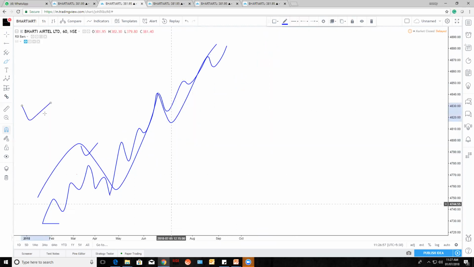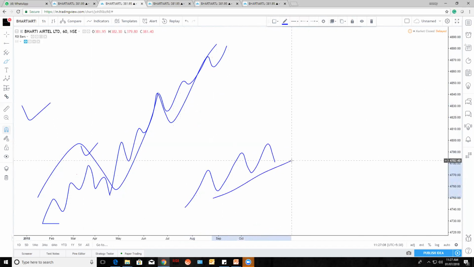It is also okay when there is a leading diagonal in wave 1. Here there is overlapping, but it is okay in a leading diagonal. If it is a leading diagonal, it is okay for wave 4 to overlap on wave 1.